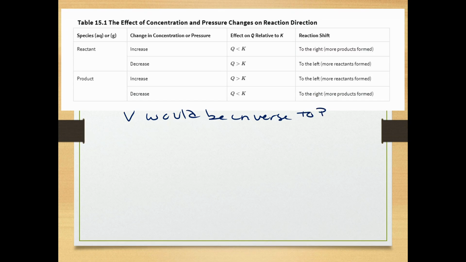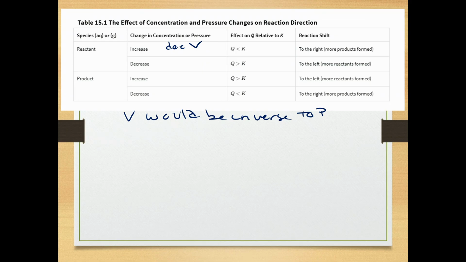So increasing the concentration, increasing the pressure, or decreasing the volume of the reactant will shift it to make more products. Because I'm pushing things together, I'm getting more reactions that will go forward. Decreasing would be exactly the opposite.